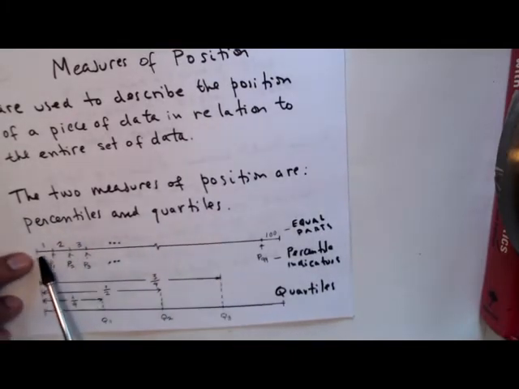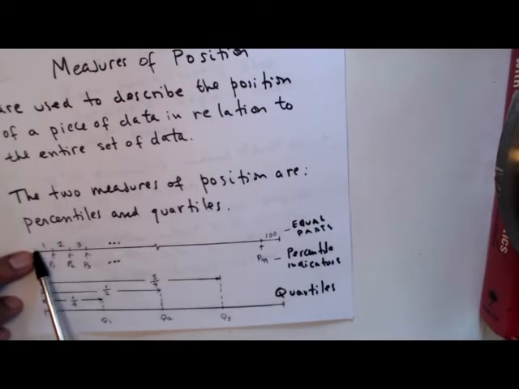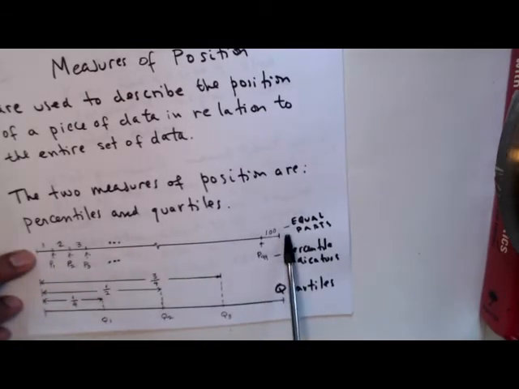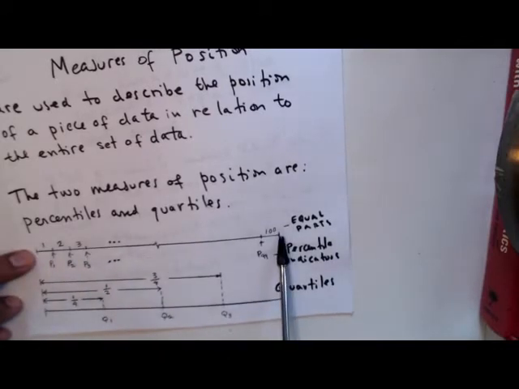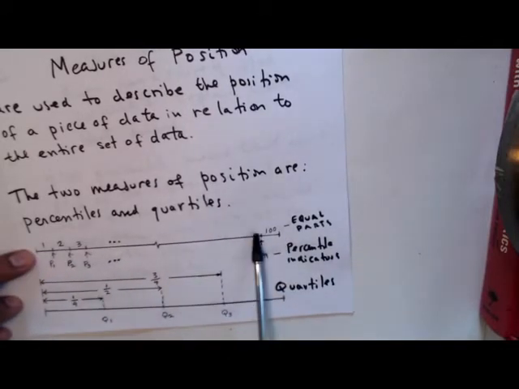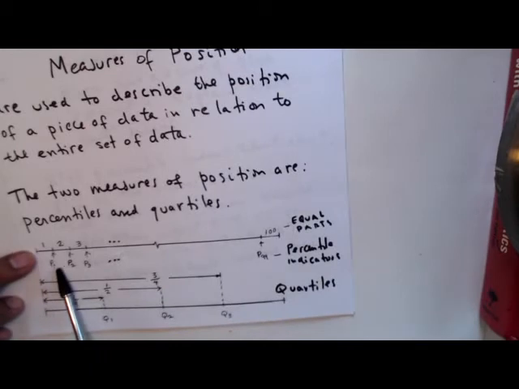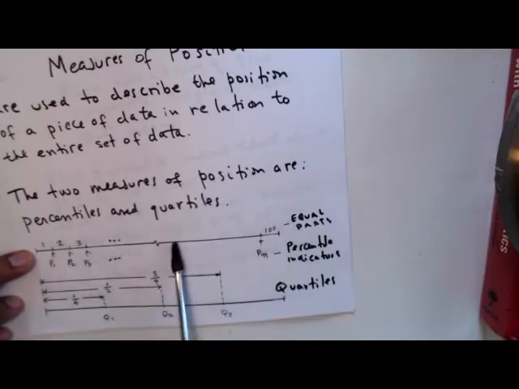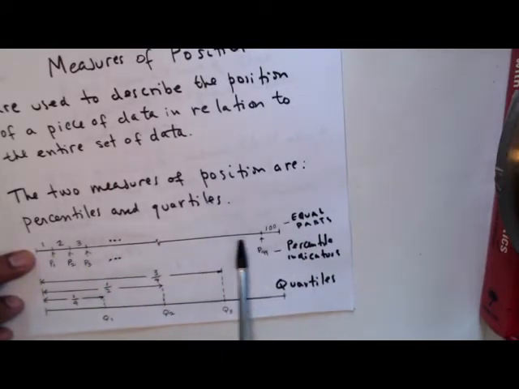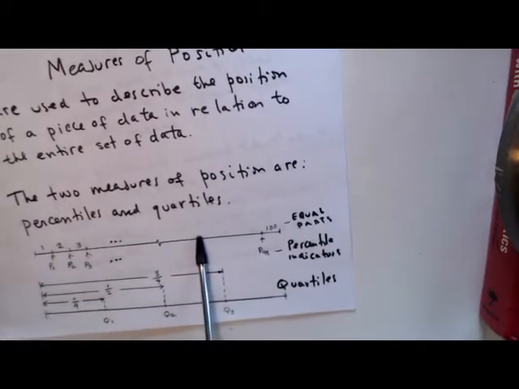Percentiles are where you have a set of numbers and you divide the whole thing into 100 pieces, right? And then you have your percentiles right here, up to 99 percentiles. So this gives you a position where a given data point corresponds to.